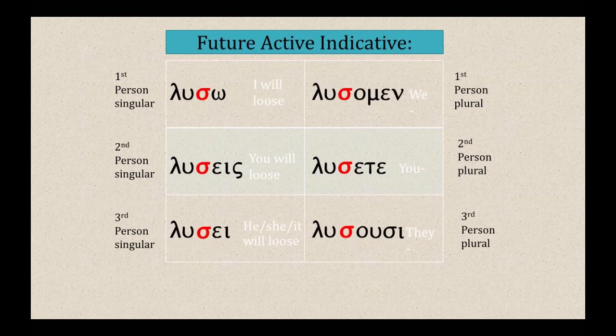Usually when you find a nu at the end of something like that, it precedes a word that begins with a vowel. Because remember, when the original Greek text was written, they didn't put spacing between the words. So the only way to tell how a word ended and how a word began was by the case endings and verb endings and all of that, right?